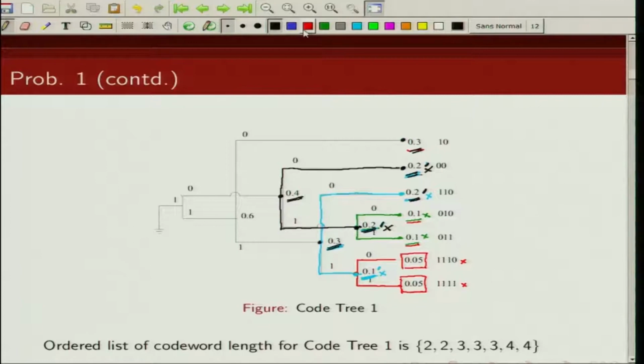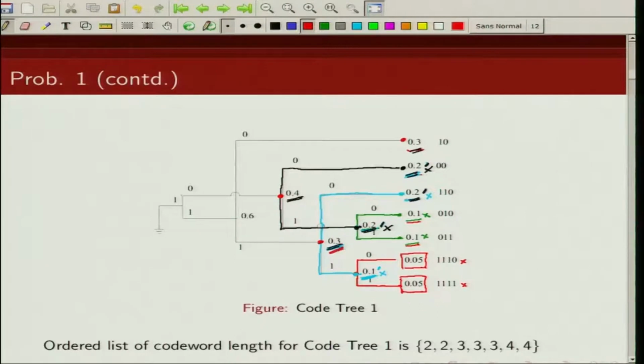At this point, these 3 are my active nodes.